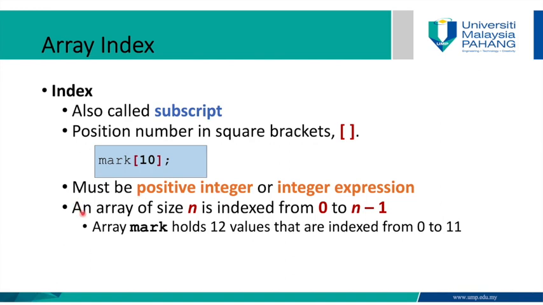An array of size n is indexed from 0 to n minus 1. That means the array marks holds 12 values indexed from 0 to 11. What it means is the index must not exceed n minus 1.